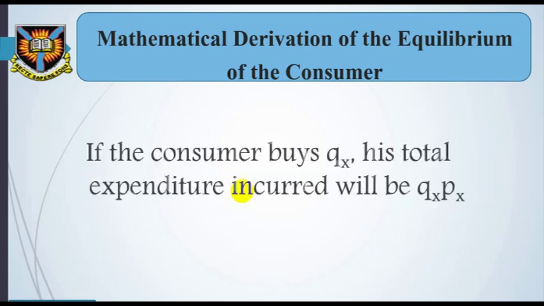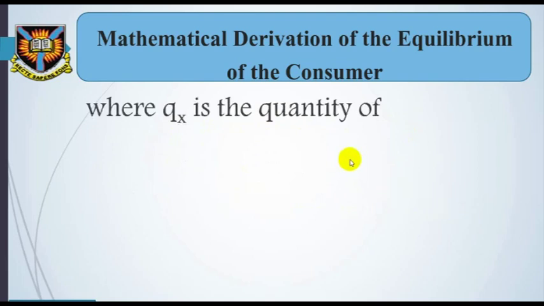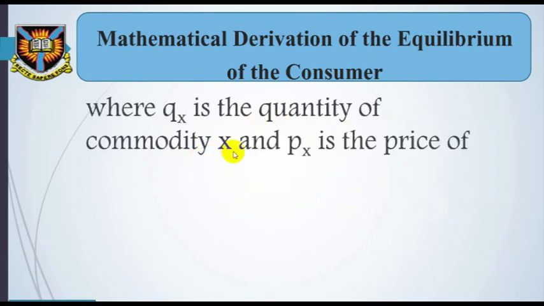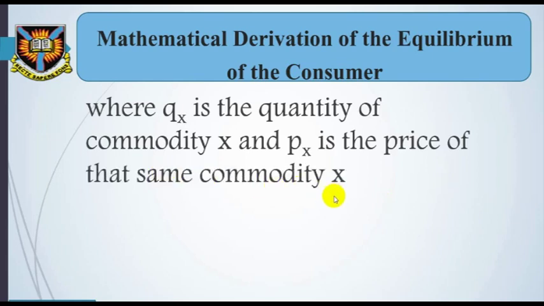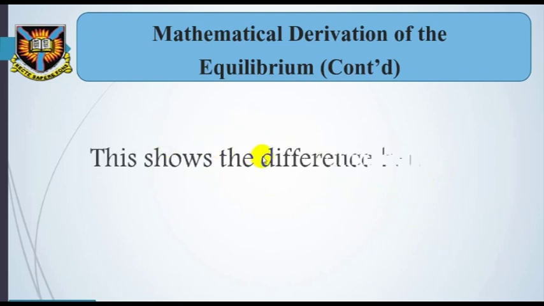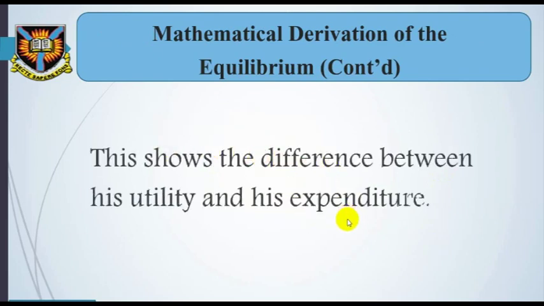If the consumer buys Qx, his total expenditure incurred will be Qx Px, where Qx is the quantity of commodity X and Px is the price of that same commodity X. U minus Px Qx, equation 2. This shows the difference between its utility and its expenditure.